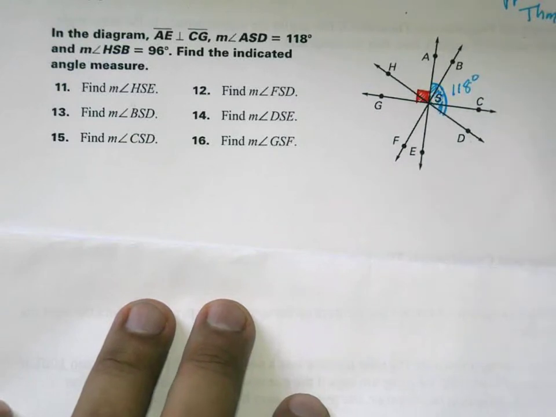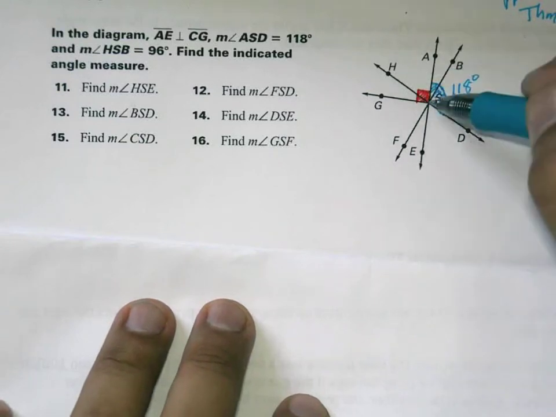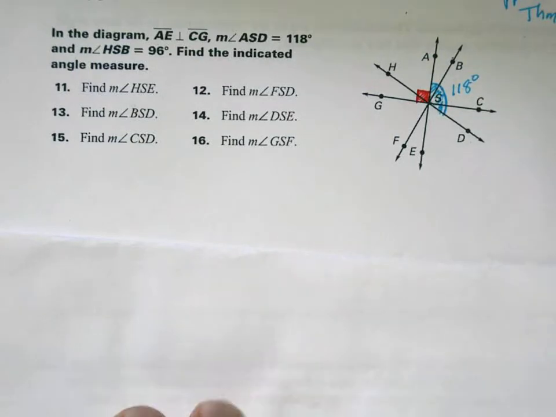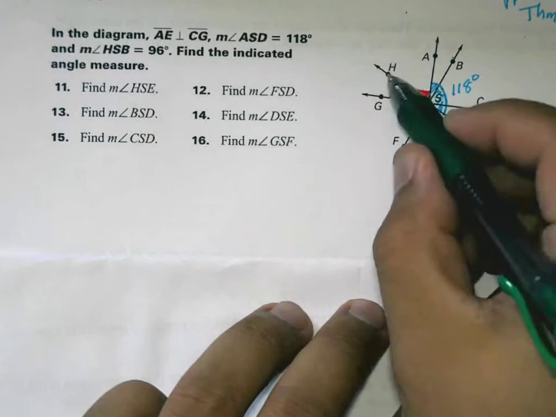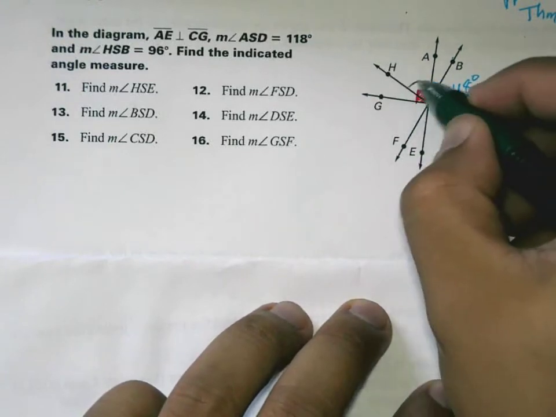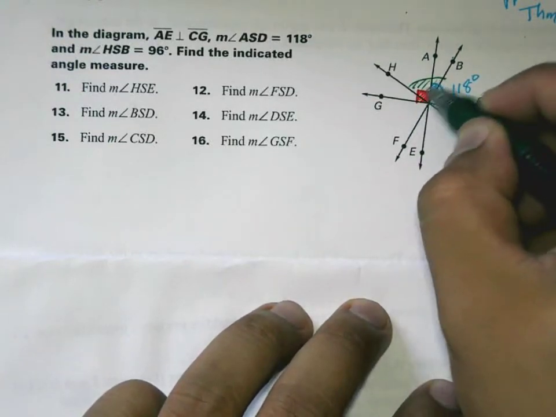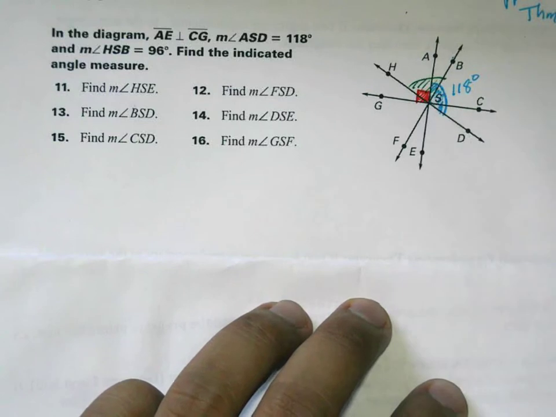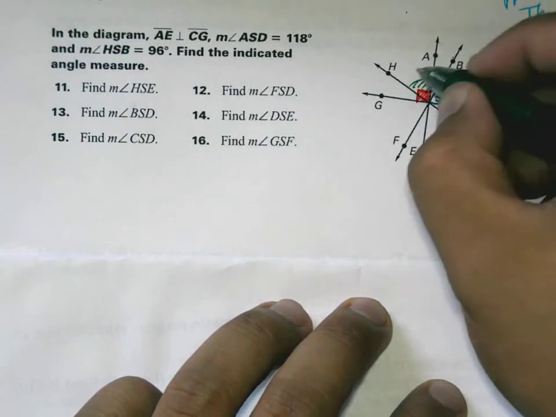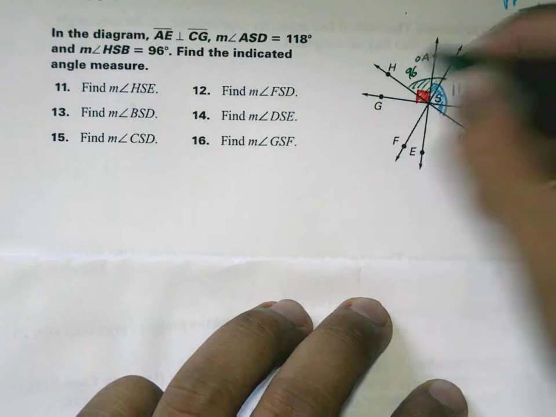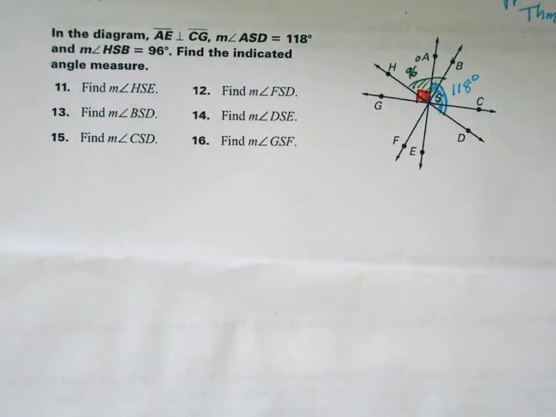And then HSB, this picture can get cloudy quite quickly, but from H to S to B, so this green angle, which intersects parts of the red and the blue, that is 96 degrees. Okay? So with that in mind, we can start solving some problems. Sometimes we're going to need to do algebra. Other times it's sufficient just to think through some of the theorems. So let's first start with HSE.